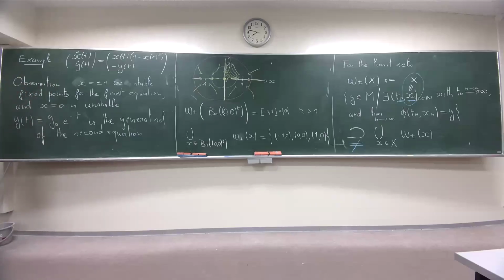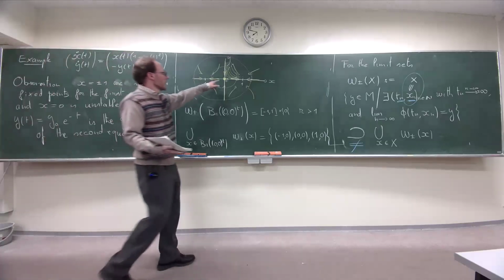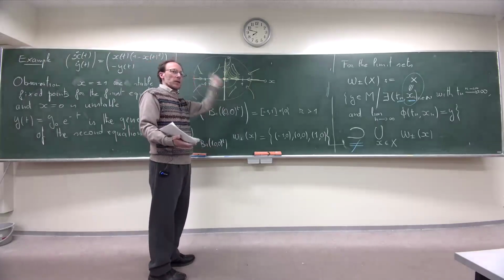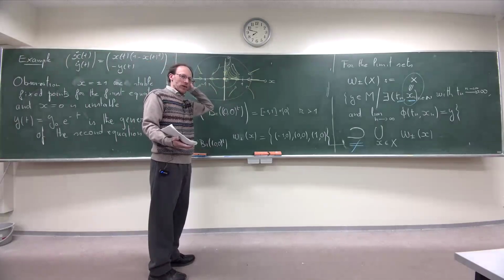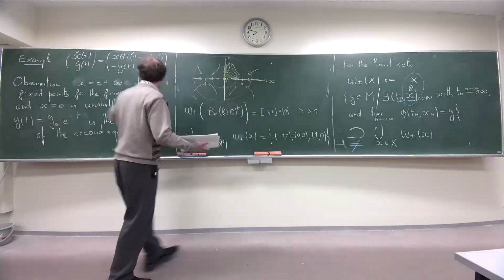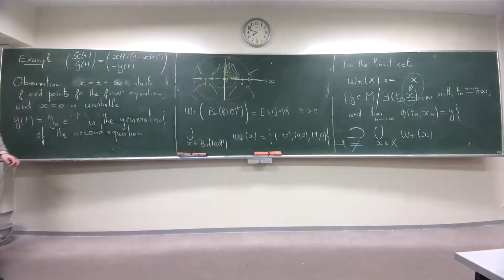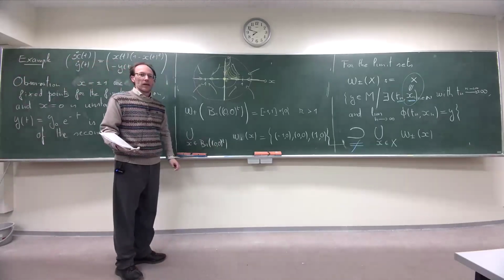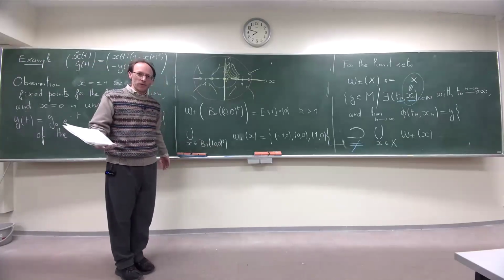Question: how is 0 part of the union of the limit sets? Is it a fixed point? Yeah, it's a fixed point. But we said that x equals 0 is unstable. No, it means, of course, what unstable means: if you move away just a little bit, you will move away forever. But if you are just at 0, 0, you can see 0, 0 is a solution. None of the orbits go to 0, 0, but if you are at 0, 0, you stay there forever.